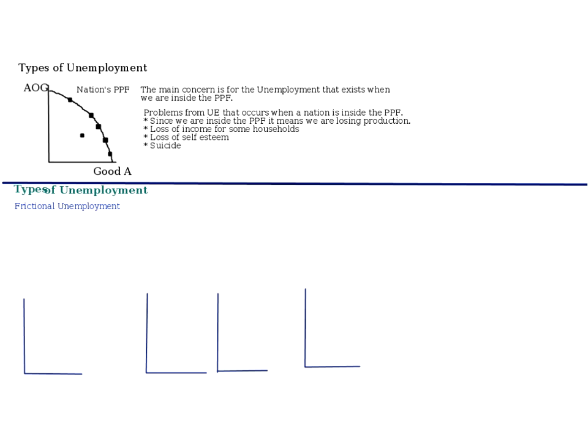Okay, so if we have a graph of the labor market, the demand in the labor market is what is referred to as the employers. The employers are the ones who demand workers.